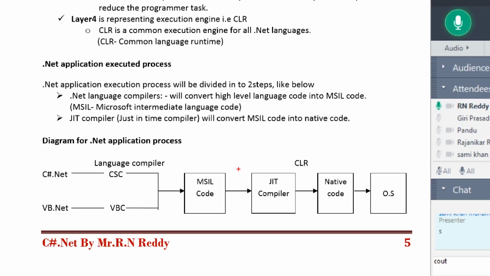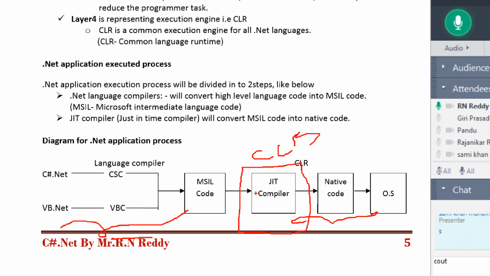If you have already taken a printout of the diagram, keep this box with your handwritten pen, which indicates it is the CLR. It is missing. Here write a flower bracket for step 1, and another flower bracket for step 2.